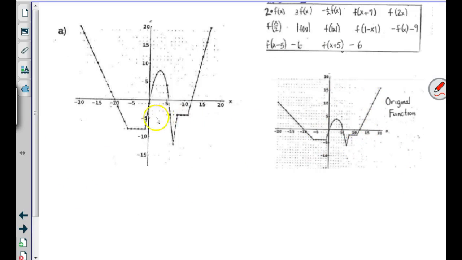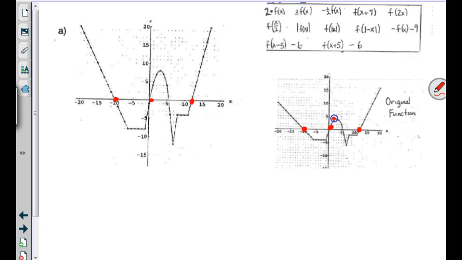Here's the original. Here's A. I put them on the same screen for you. Any ideas? It is a stretch, which way? Yes. The zeros are still here and here, at around 0 and 10, right? And out here at something.